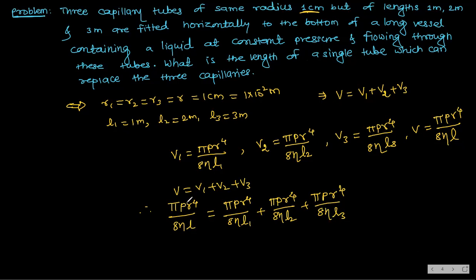Now take common: pi P R power 4 cancels, and 8 eta also cancels. So you will get 1 by L is equal to 1 by L1 plus 1 by L2 plus 1 by L3. Now you have L1, L2, L3. You can substitute here and go ahead.